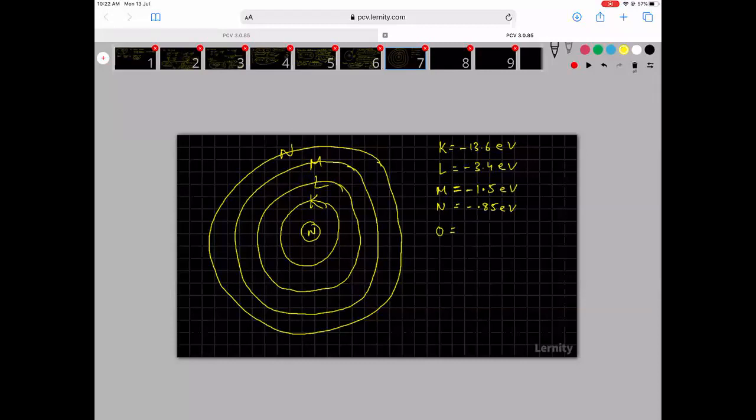O shell, minus 0.54 electron volt. Minus 0.37 electron volt. OP and so on. So if you have a calculator, it is very simple. That's what I have, so I can work it out very fast. You guys are expected to, you can't remember these values, so you should know how to calculate these values.